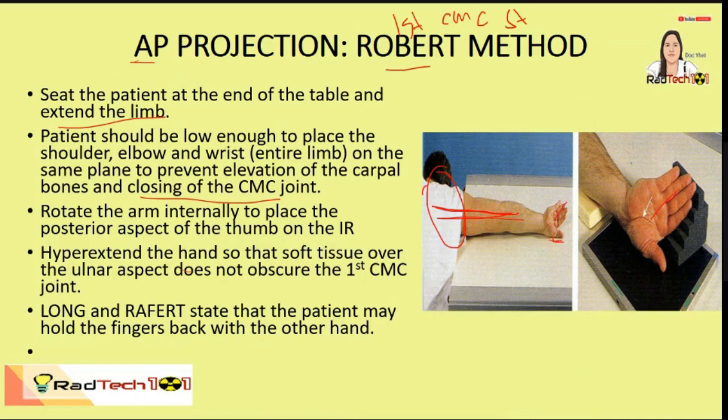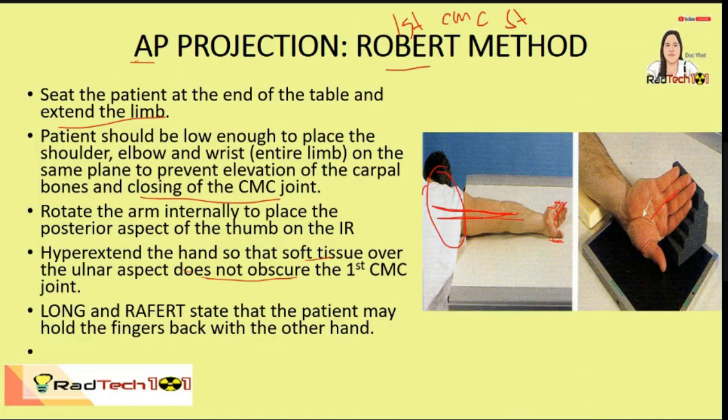So that the soft tissue over the ulnar aspect does not obscure the first CMC joint. So, ang purpose niya lang, bakit kailangan i-hyperextend yung hand, ilayo siya sa thumb para walang superimposition.